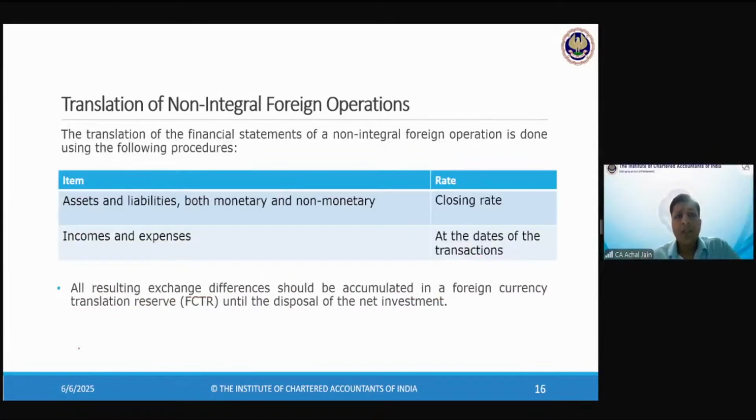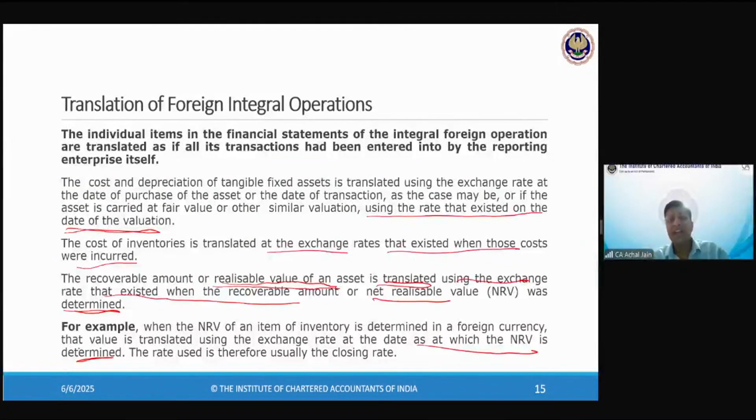Now, this is the aspect that you consider in the case of foreign integral operations. In a way, whenever you have any foreign integral operation, you'll apply the same translation criteria which you follow for the reporting entity. What is the criteria for the reporting entity?